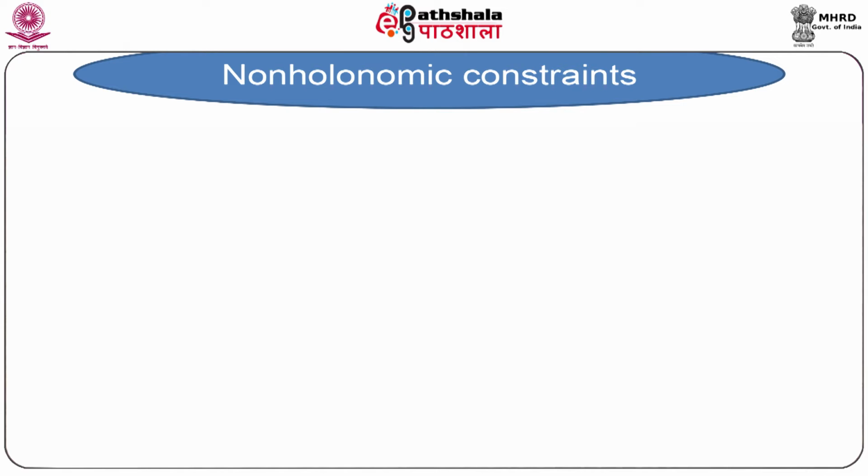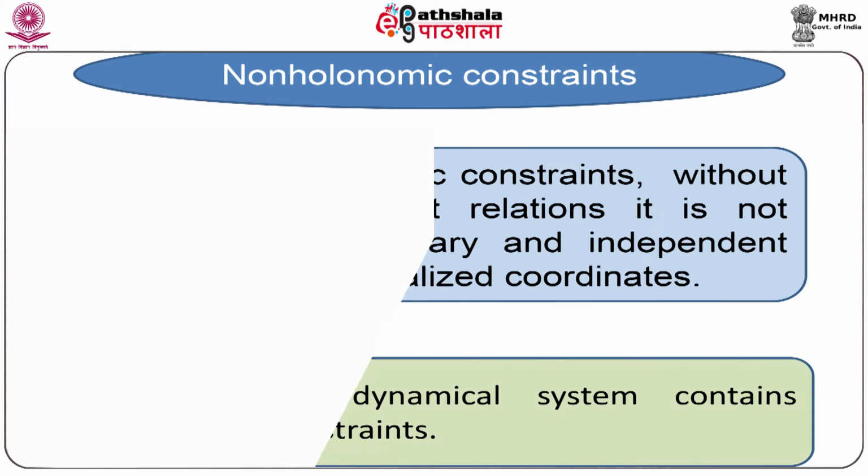In the previous module, that is module 1 of chapter 3, we have obtained Lagrange's equation of motion in a holonomic dynamical system having k bilateral constraints. In this module, we shall discuss Lagrange's equation of motion for a non-holonomic dynamical system.